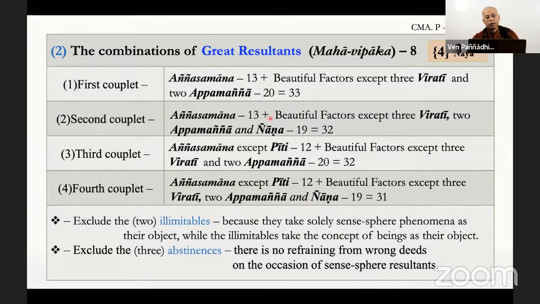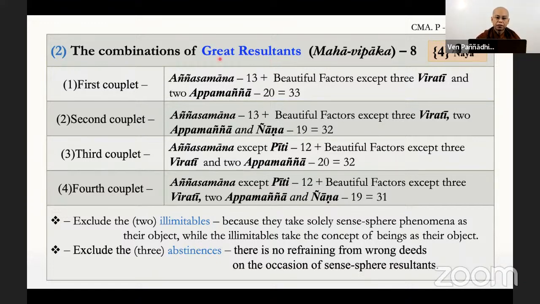So here in this case, the resultant consciousness, in the next chapter, chapter 3, when we learn about the functions they can perform. Each consciousness, whenever it arises, needs to perform a specific function. If we know which consciousness can perform how many functions and what kind of function, we know more clearly.